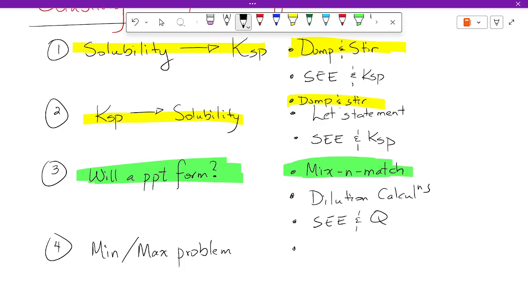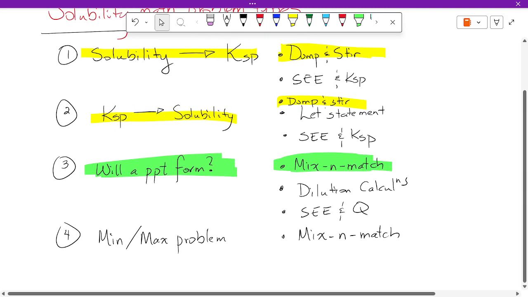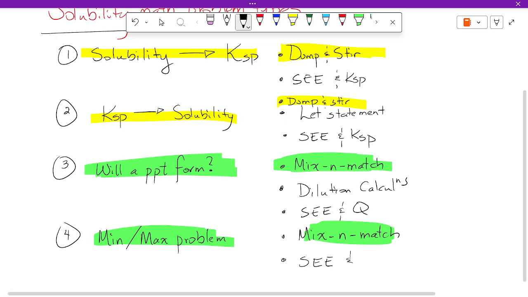This is also mix and match. And for this one, you'll need to use the solubility equilibrium equation and KSP.